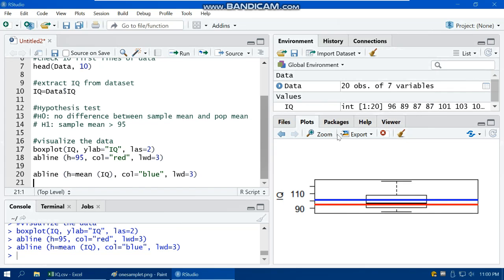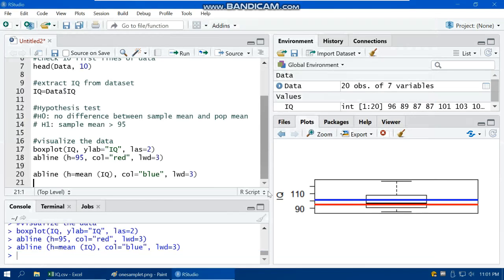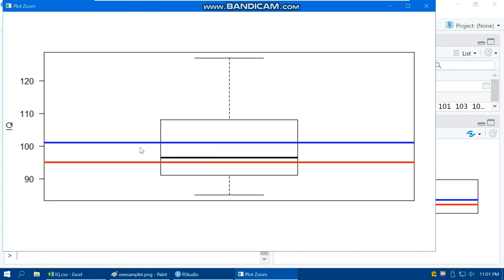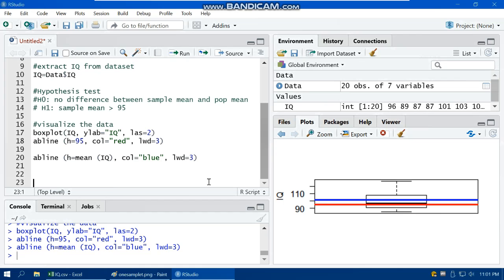And this black one is just a median, which divides the data, 50% below, 50% above it. And this one is the average or mean of the sample. So we want to see whether the difference between the population mean and the sample mean is statistically different or just by chance. We could also use the c command instead of these two lines of code to avoid typing this 2 times, but for the sake of simplicity, I didn't make it more complex.